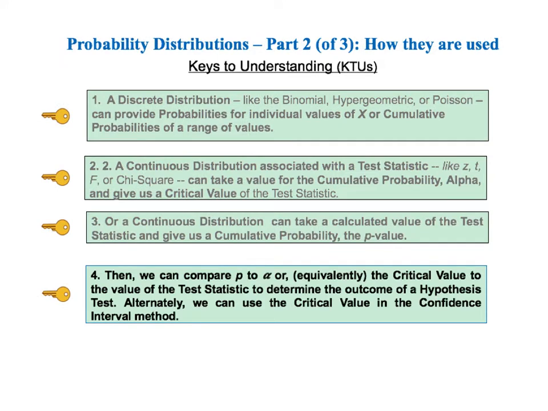The fourth key states, then we can compare p to alpha, or equivalently, we can compare the critical value to the value of the test statistic in order to determine the outcome of a hypothesis test. Alternately, we can use the critical value in the confidence interval method.